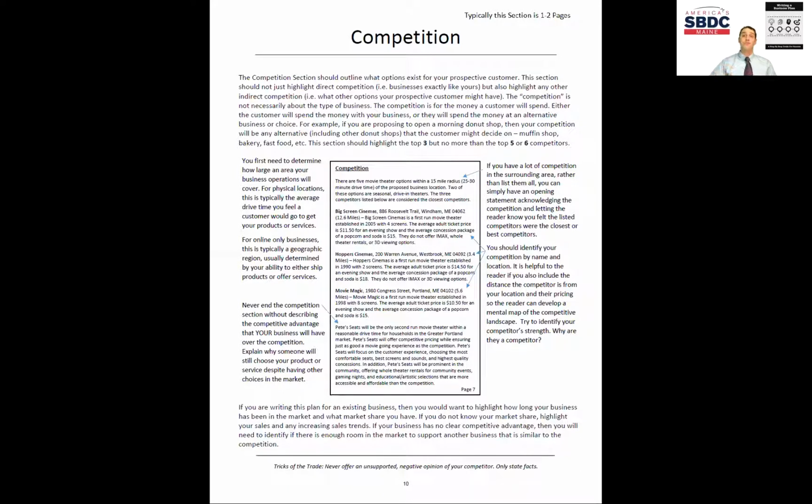So first we're going to try to figure out what our area is, and then we're going to identify specific competitors by name and address if possible, because we're trying to create a mental map for whoever is reading this business plan of where your competitors are. So who they are, where they're located, and I usually tell people, put in brackets how many miles away that competitor is, because now you're really creating a mental map.